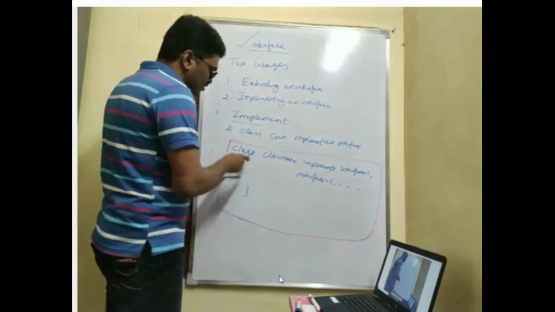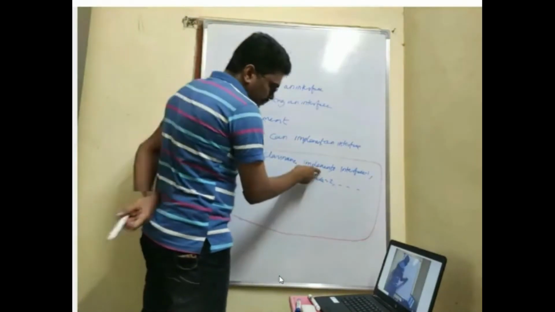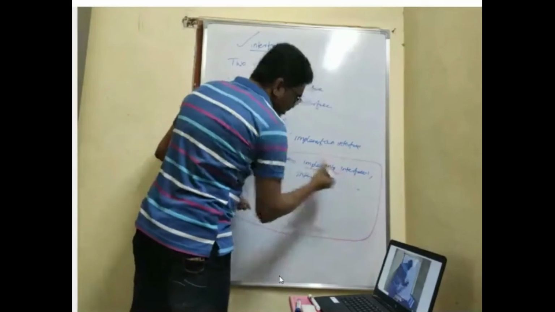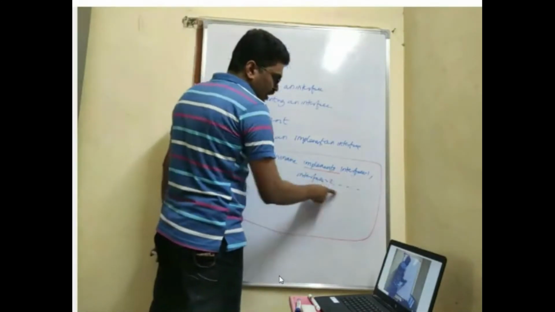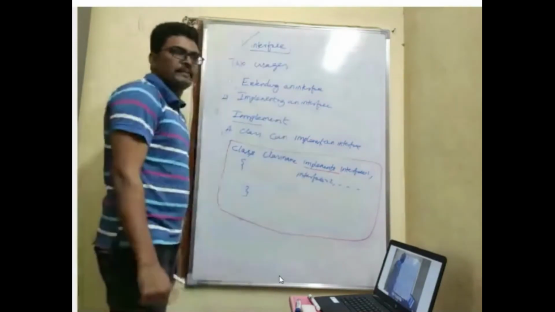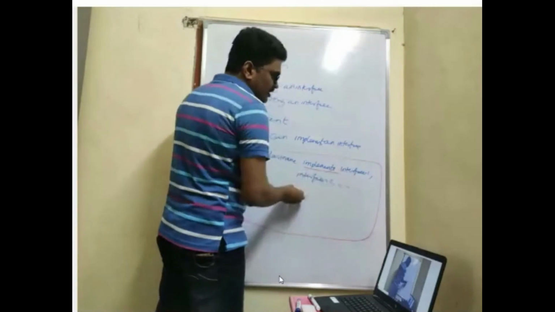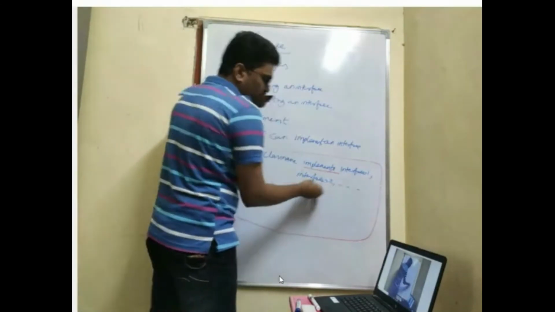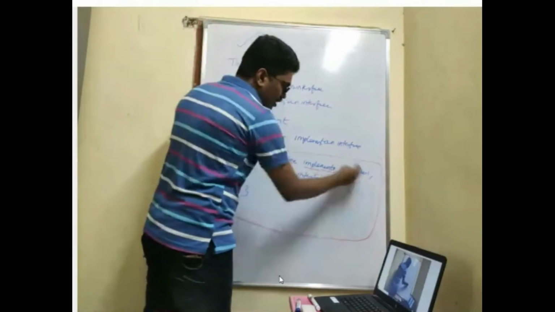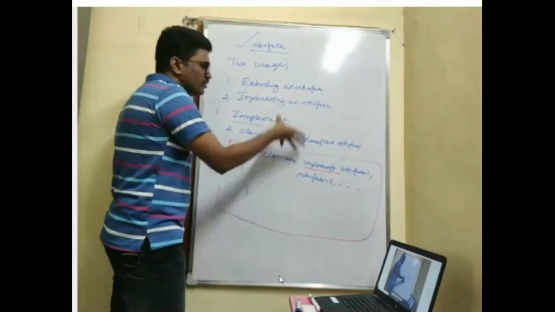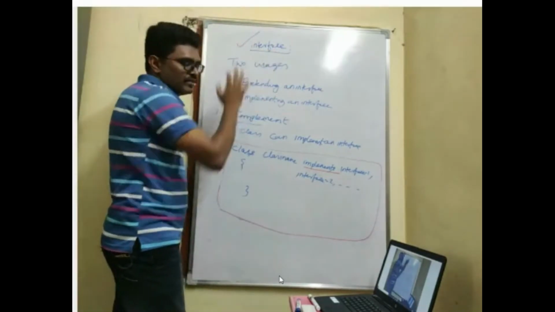Implements is the keyword, everything in small letters. You can have any number of interfaces. This is where you are going to implement multiple inheritance. Extends A comma B is not possible, but implements A comma B is possible. Because of this, you can implement multiple inheritance by using the concept of interface.